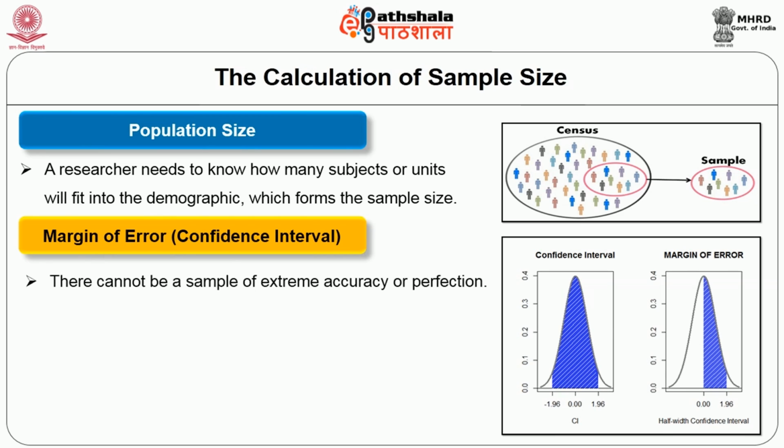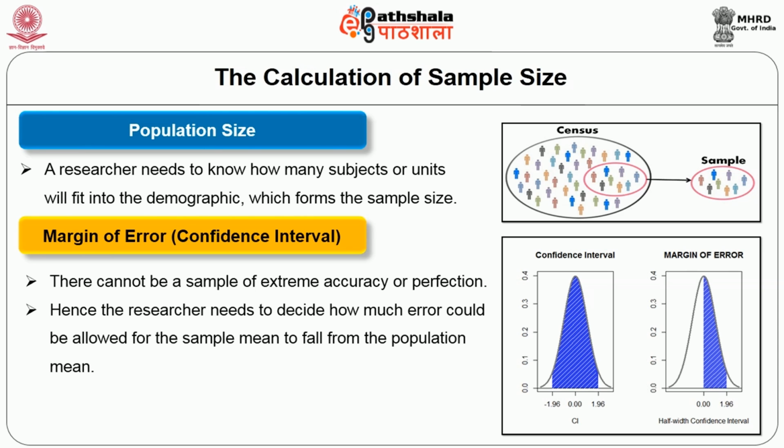There cannot be a sample of extreme accuracy or perfection. Hence, the researcher needs to decide how much error could be allowed for the sample mean to fall from the population mean. This is called the confidence interval.